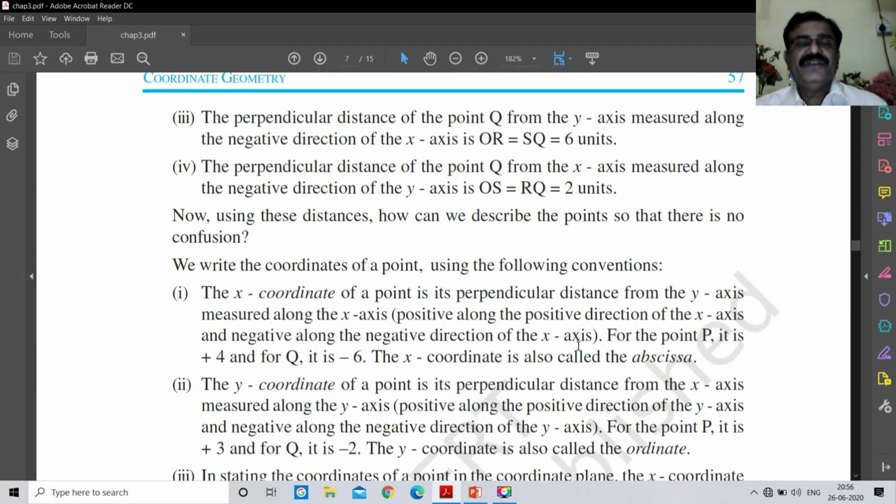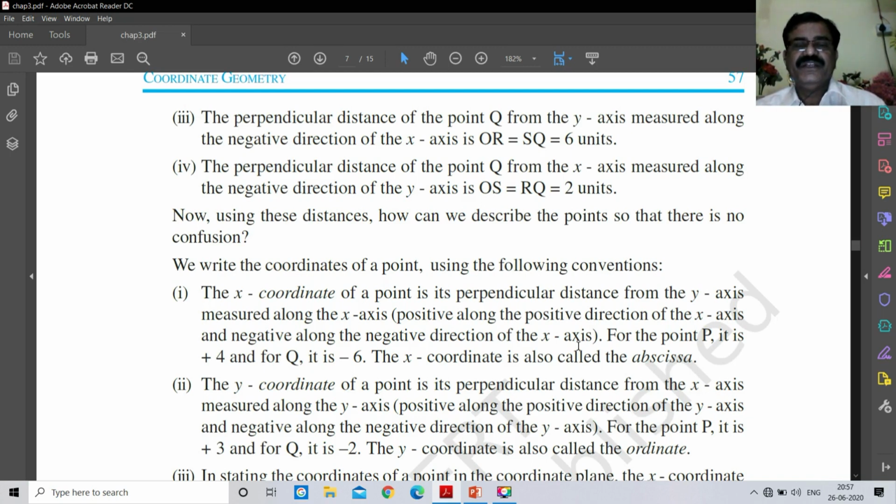So we write the coordinates of a point using the following conventions. The x coordinate of a point is its perpendicular distance from the y-axis measured along the x-axis, positive along the positive direction of the x-axis and negative along the negative direction of the x-axis. For the point P, it is 4 and for Q, it is -6.